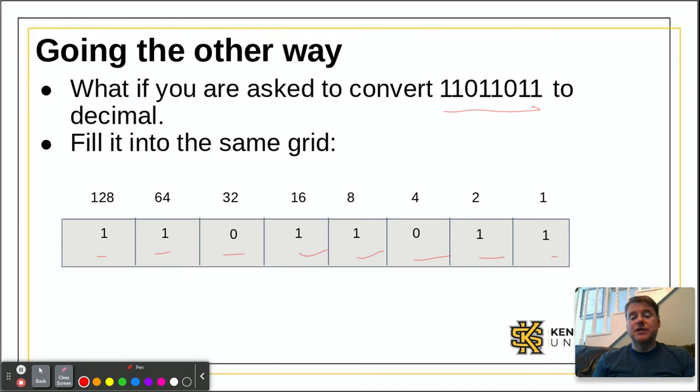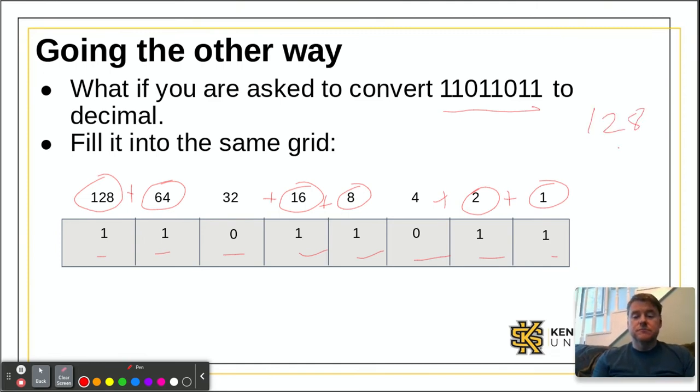And then we simply look at the values up above. Anytime there's a 1, we're going to add it. Anytime there's a 0, we're not going to add it. So the answer to this question is whatever 128 plus 64, that looks like 192.